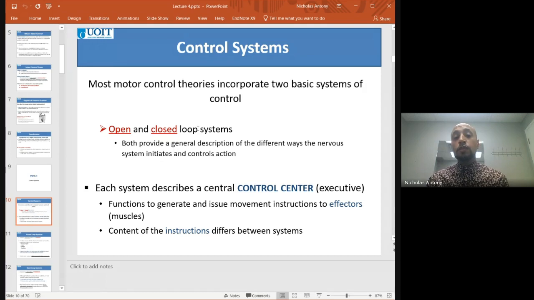The open and closed loop systems describe our control center, or central executive, our brain. They describe the instructions that are going to be sent out to the muscles to perform a particular motor skill. We're going to go through each individually, but the nature or content of the instructions sent from the brain differs between an open and closed loop system.